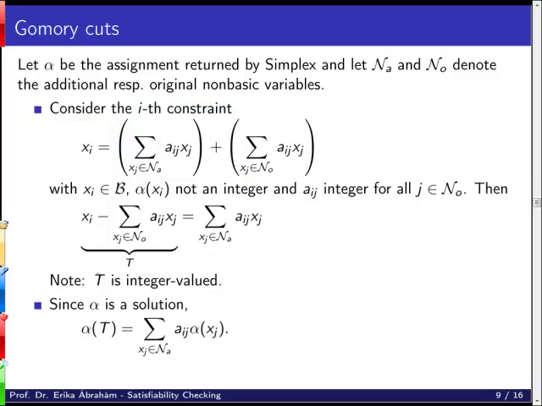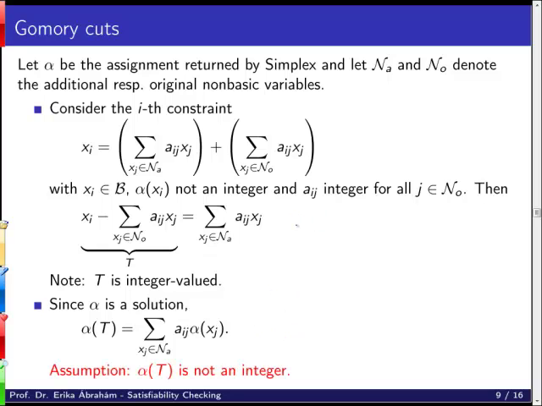So if it is integer valued, then I can also compute the current value for it, which will not be an integer. And I can just build the difference of these two equations, as before in the example. So I have the symbolic equation defined by the simplex, and I have the current assignment also giving me an equation.